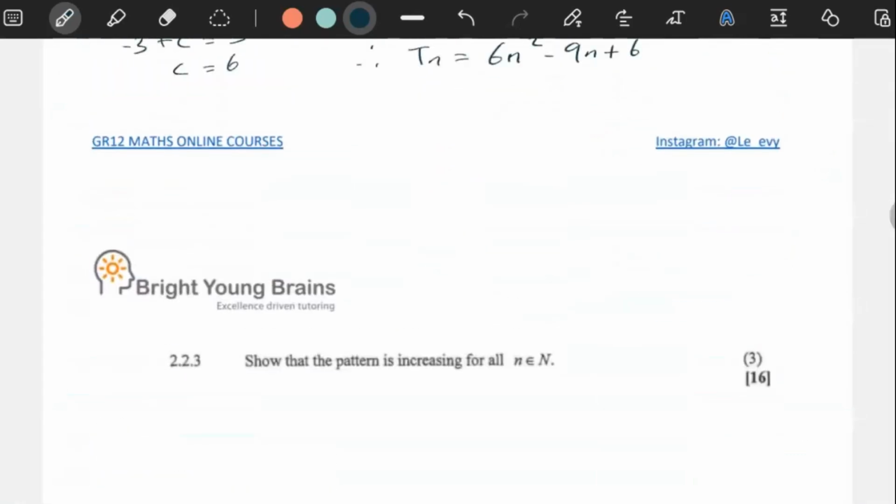Because it is still 2.2, we should still be thinking of the previous questions that we have just worked out. It says here, show that the pattern is increasing for all numbers. Let me translate this.